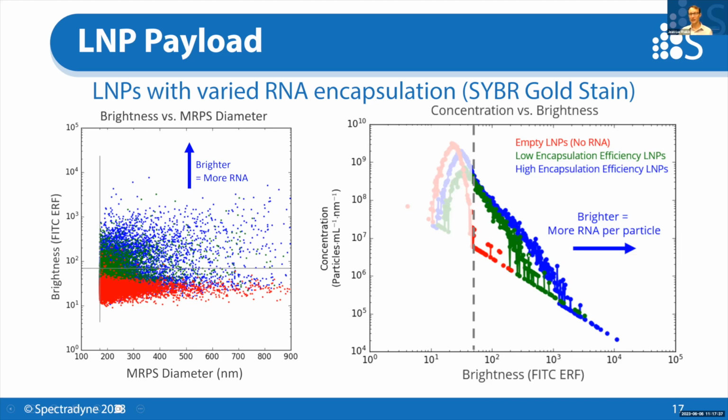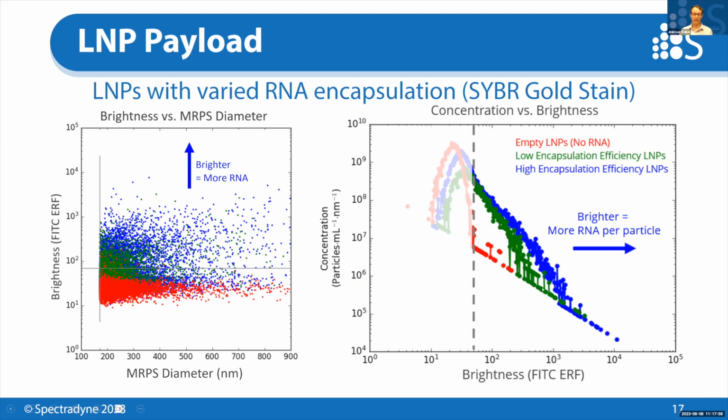And then we can see a real difference between the low and the high encapsulation efficiency LNPs here. The high encapsulation efficiency LNPs have quantitatively more, higher concentration of brighter particles than the low encapsulation efficiency ones.